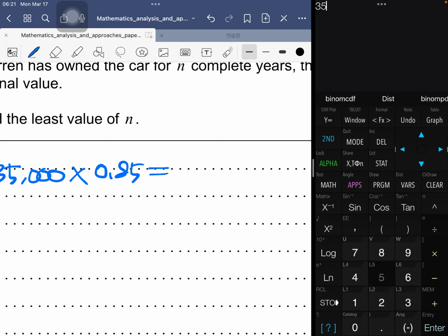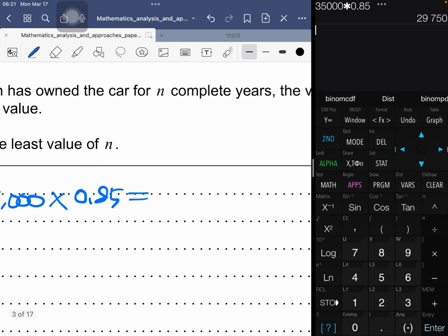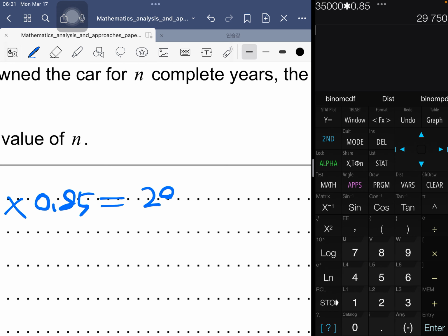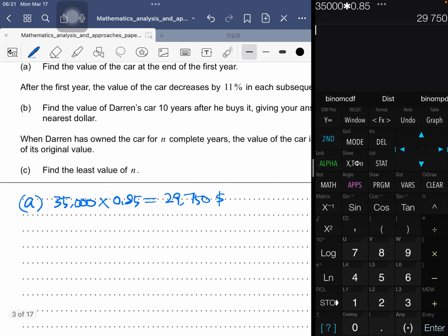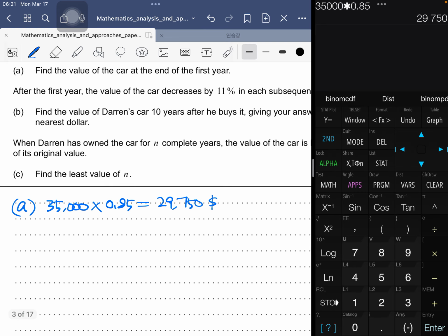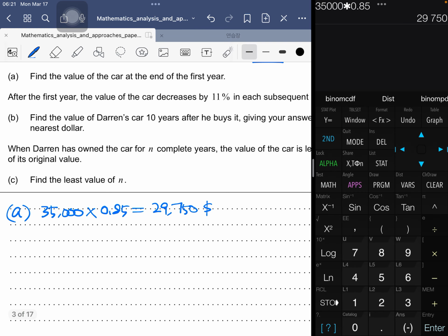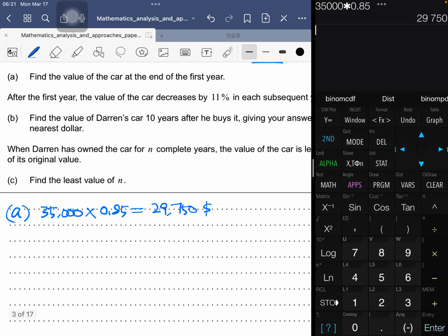So 35,000 US dollars times 0.85. So the answer is $29,750.